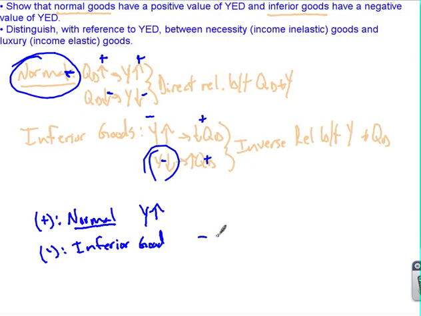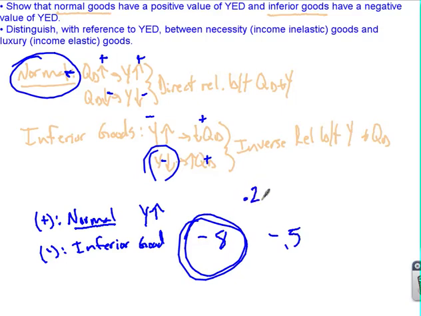So if we had like a negative 0.8, it's just a very strong inferior good. So if your income goes down, then you will definitely buy more of this. Whereas if it were like negative 0.5, you're going to buy a little bit more of it, but maybe not a whole lot.